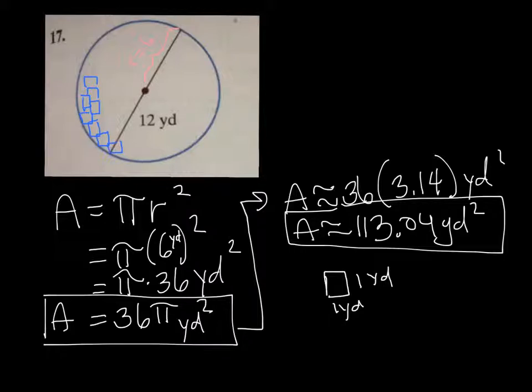But there's 113, and then 0.04, meaning I don't have a full square. I have these little spaces here that make up that 0.04. So that's the area of a circle.